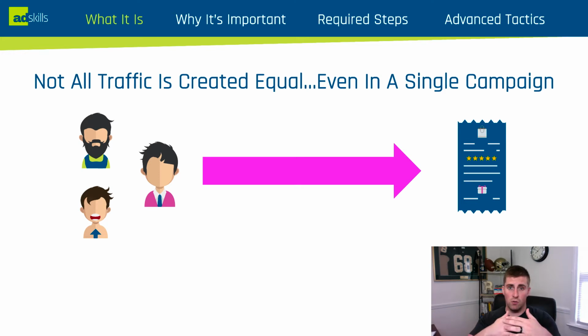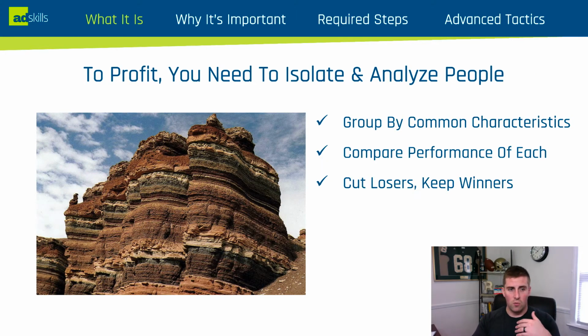So what we want to do is go through and isolate them in any way that we can and figure out which details about them are likely to impact positively or negatively conversion. And then we're going to eliminate the negative characteristics to get to that profitable point. So what we want to do here is isolate, analyze. I think this rock is a great example to demonstrate what we're doing. Rather than having one big rock, we're isolating people into layers.